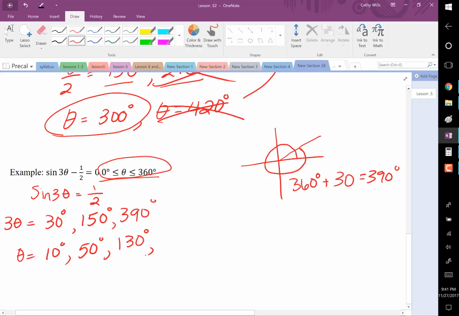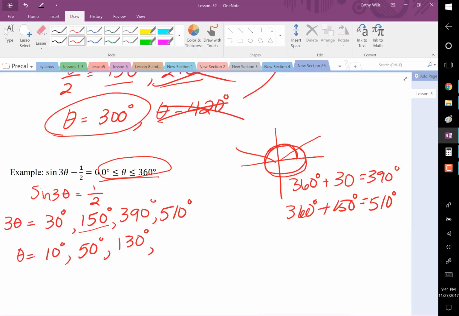All right, if I spin around the circle to 150 after spinning around once and then going all the way to 150, over there, 360 plus 150 is going to be 510. So 510 is another solution for 3 theta, which means that theta would be 510 divided by 3, which is 170.